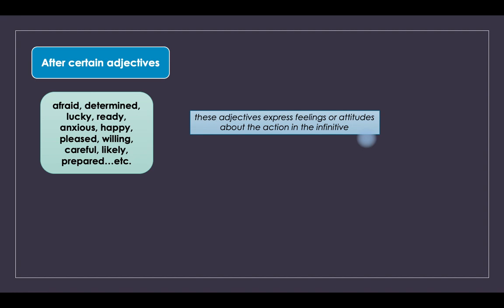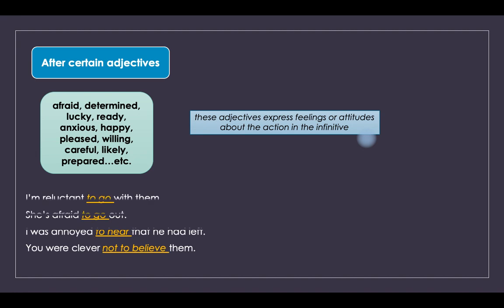They express how we feel about some situations, about the action. I'm reluctant to go with them. She's afraid to go out. I was annoyed to hear that he had left. You were clever not to believe them.